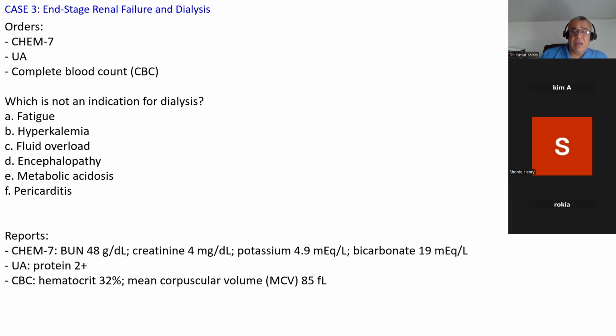All except A, fatigue, can be indications for dialysis. For these conditions, other than end-stage renal disease, it's most likely going to be for one treatment session. We don't usually prescribe or recommend dialysis just for fatigue.